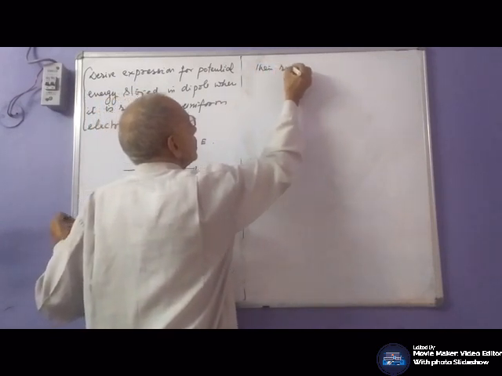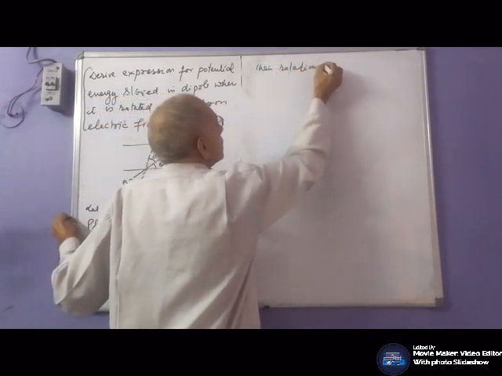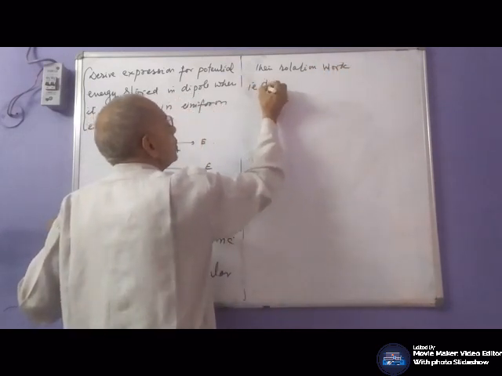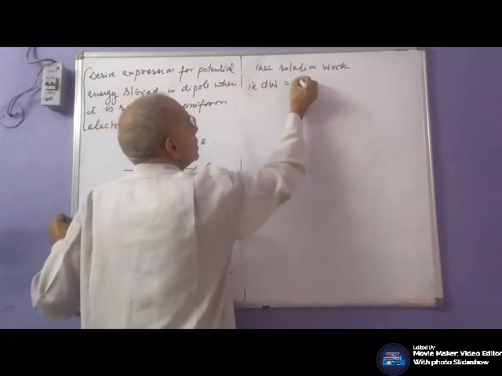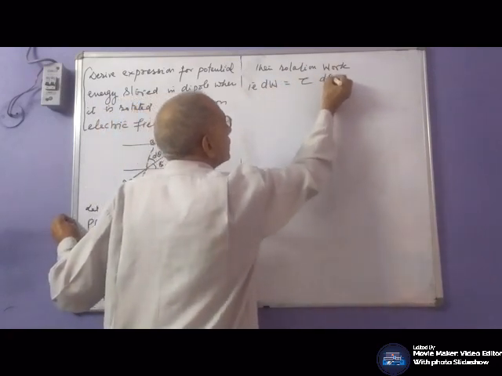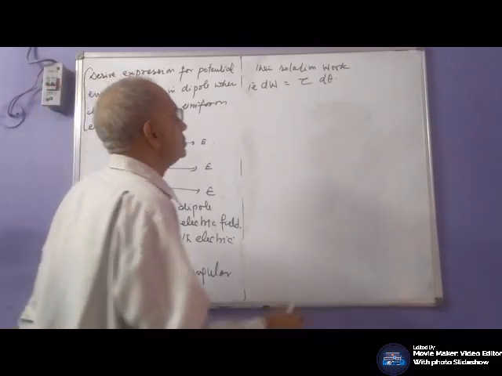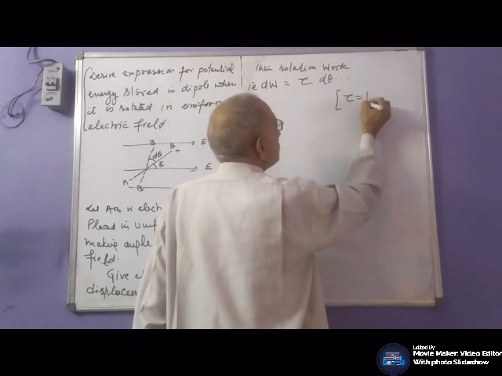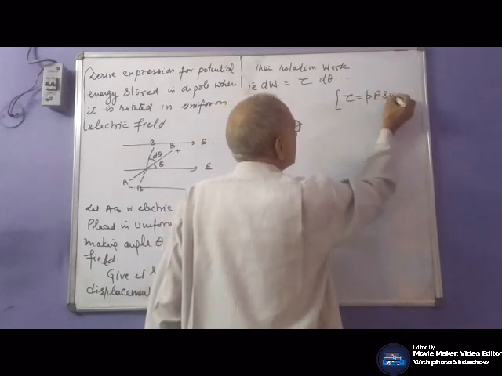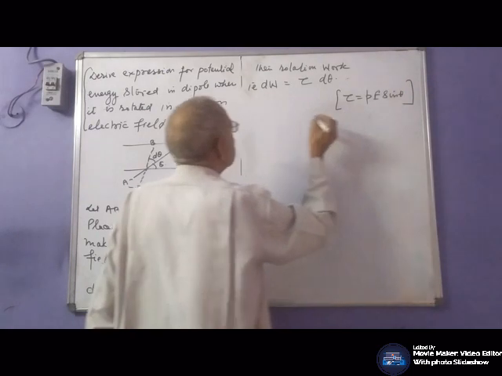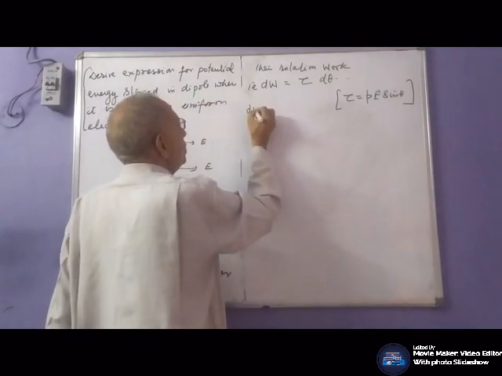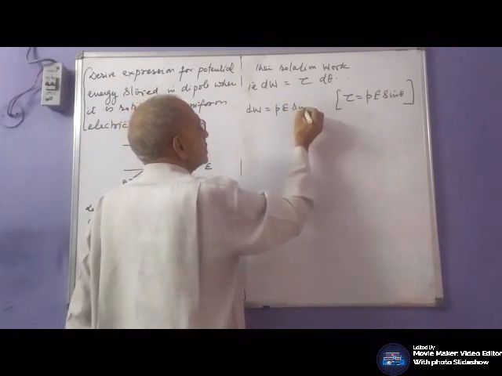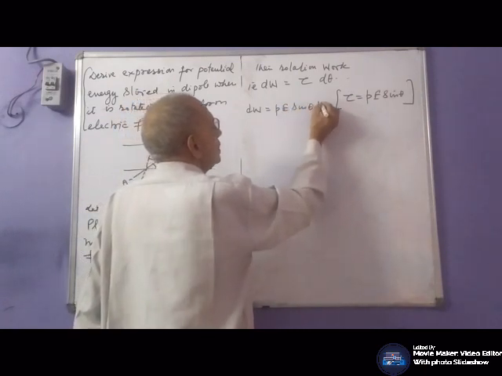Then rotational work, that is dW, is tau d theta. But tau is P E sin theta. So dW is PE sin theta d theta.